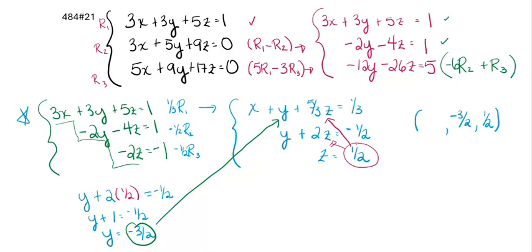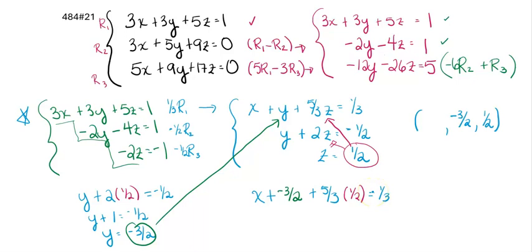So I'm going to rewrite my first equation as x plus, and instead of y, I'm going to replace y with a negative 3/2, plus 5/3 times, instead of z, I'm going to put a 1/2 in there, equals 1/3.